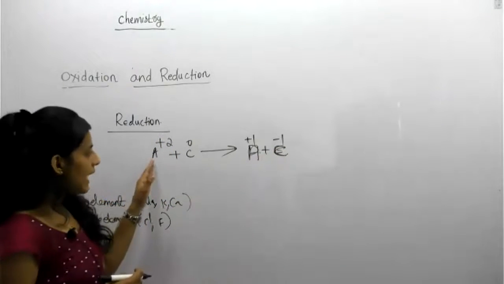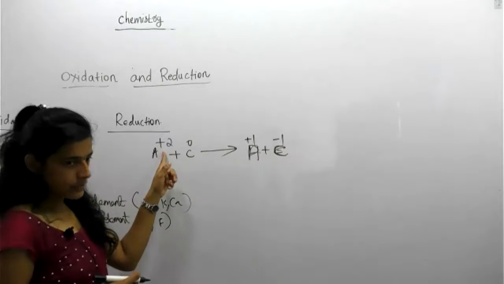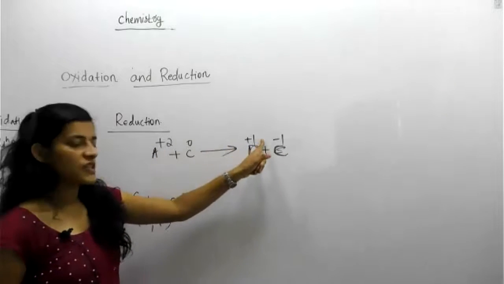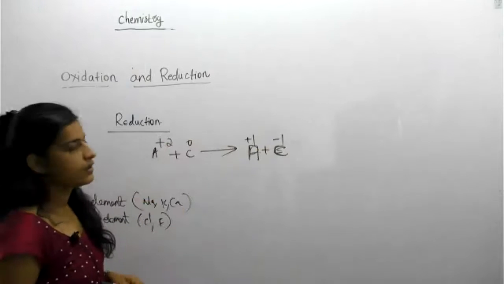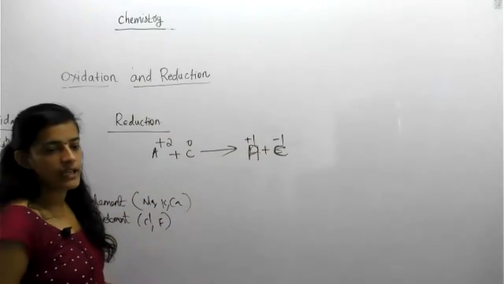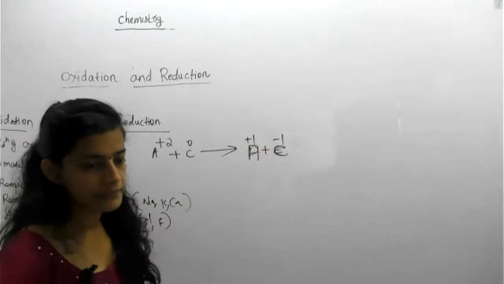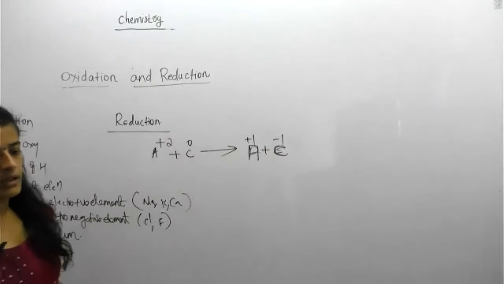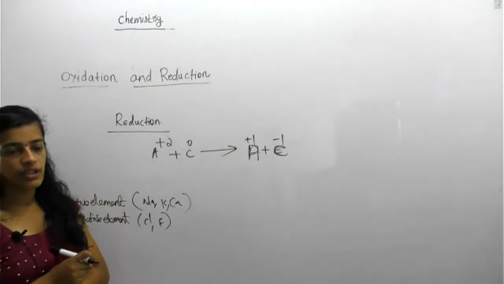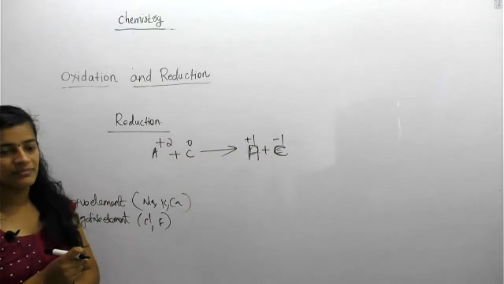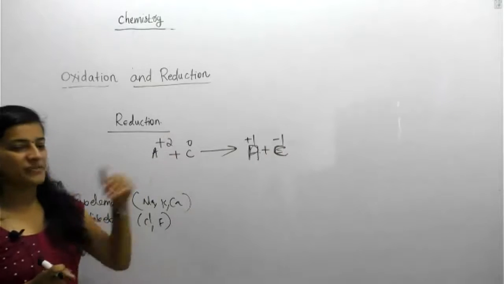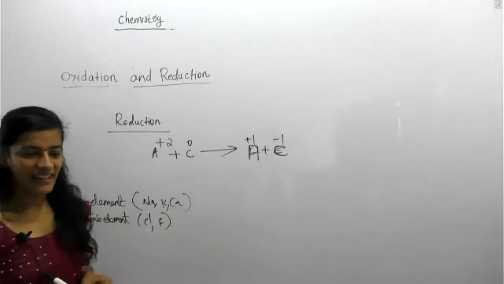Okay, so A having +2 here, after the chemical reaction goes to +1. So is that an increase or decrease? +2 to +1, increase or decrease? Tell me. Decrease, of course.